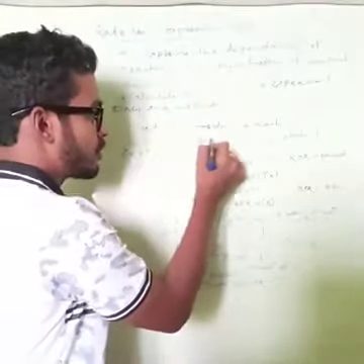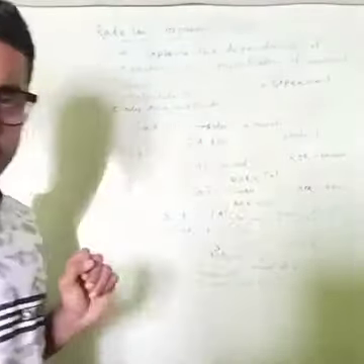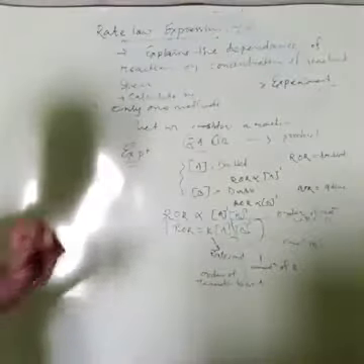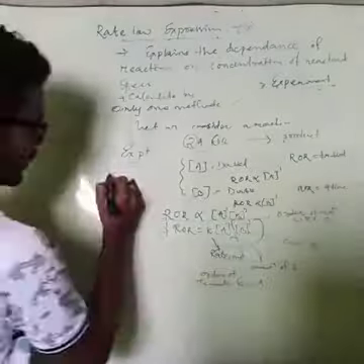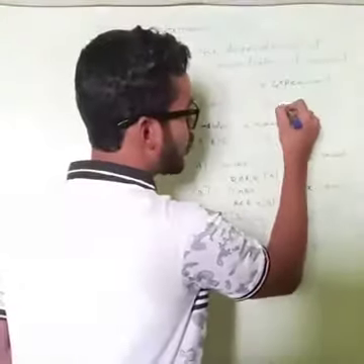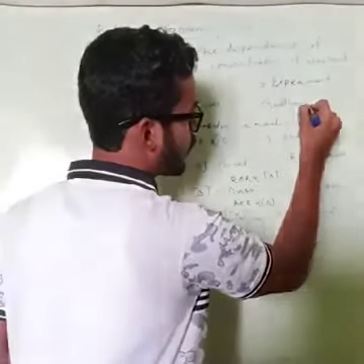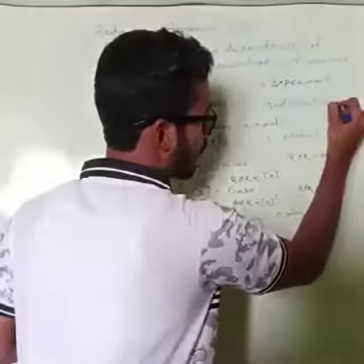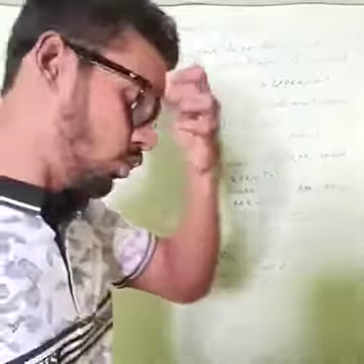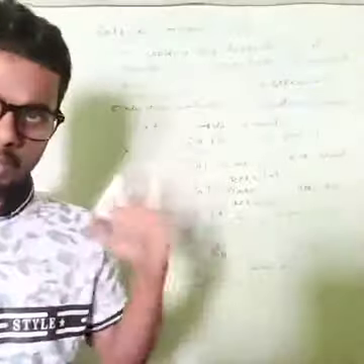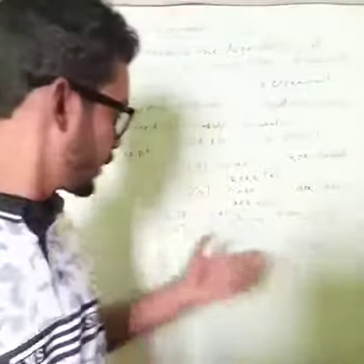This 2 and this 1 are the stoichiometric coefficients. Guldberg and Waage, the scientists, explained that there is no need to do an experiment, we will calculate easily by applying this.